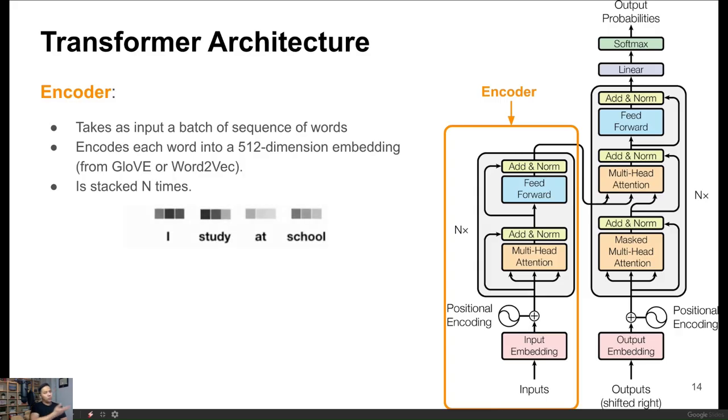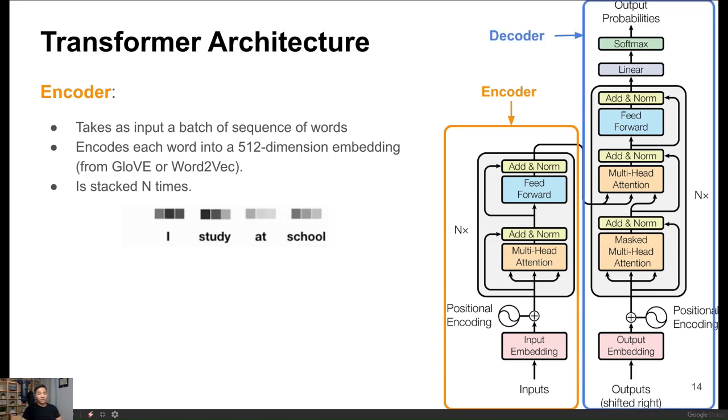And so, for example, the sentence "I study at school" can be translated into embeddings just like this, except instead of 3 blocks here, it's actually 512 blocks. Of course, I'm not going to write 512 blocks on the slide, so think of it as very deep, high-dimensional data. We also have a decoder at the right-hand side.